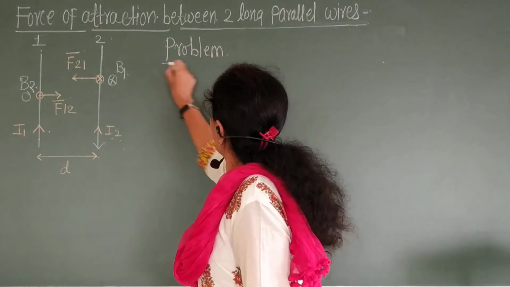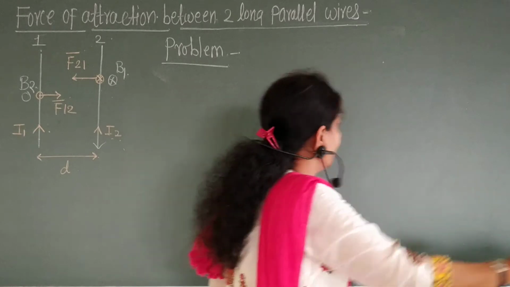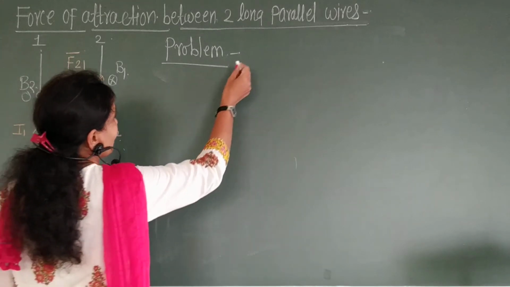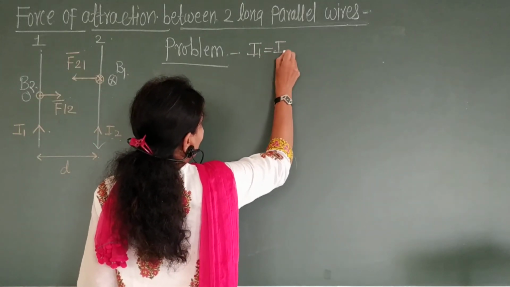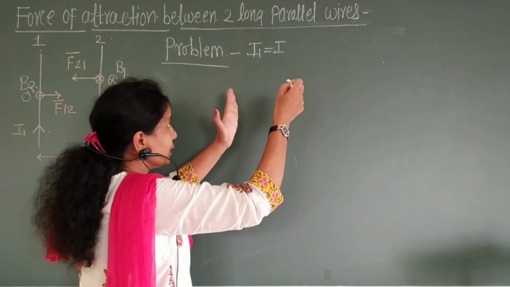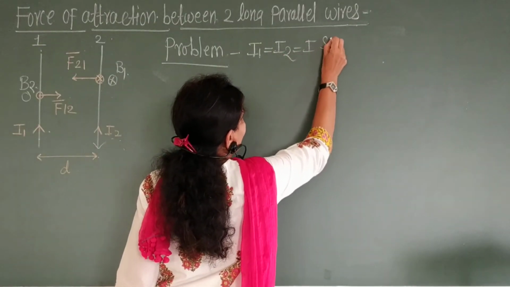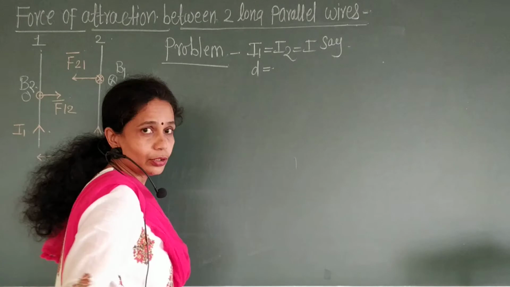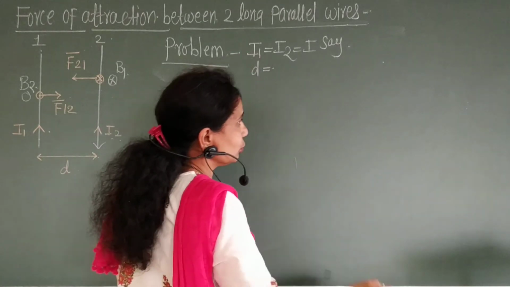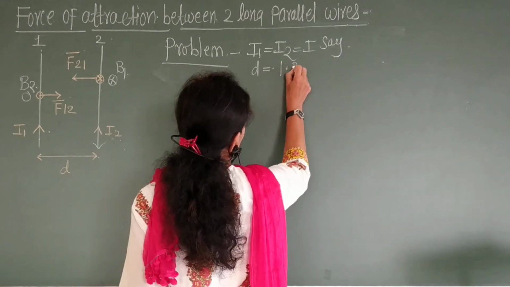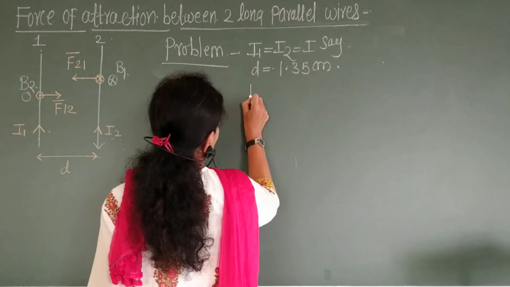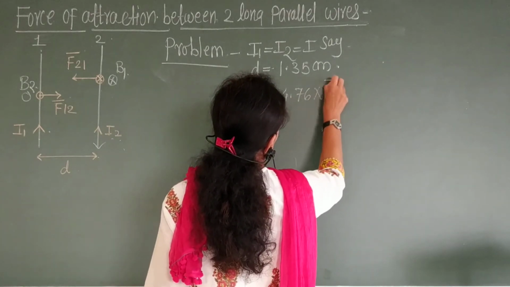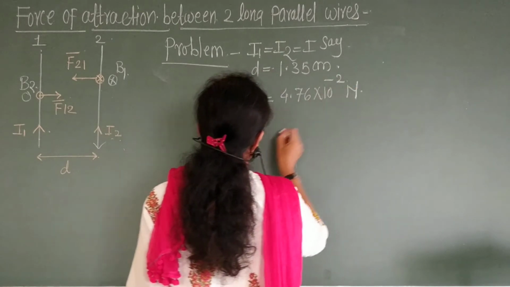Problem: we consider that the same current is flowing through each wire, I1 is equal to I2 is equal to I. The distance between the two wires is 1.35 centimeter and the force per unit length is 4.76 × 10^-2 newton.